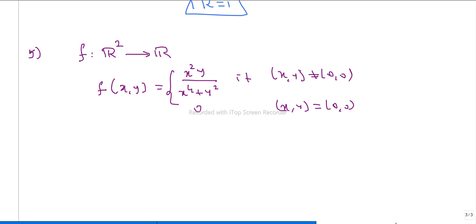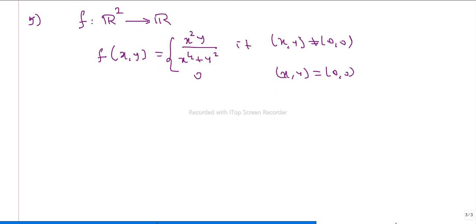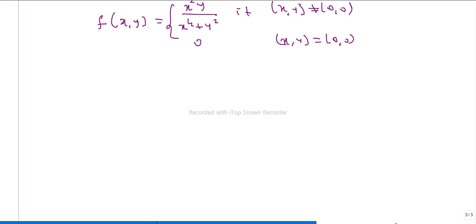Which of the following statements holds regarding the continuity and the existence of partial derivatives at the point (0, 0)?